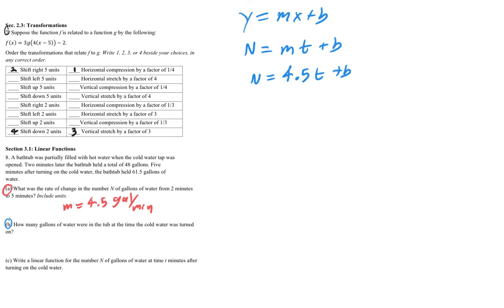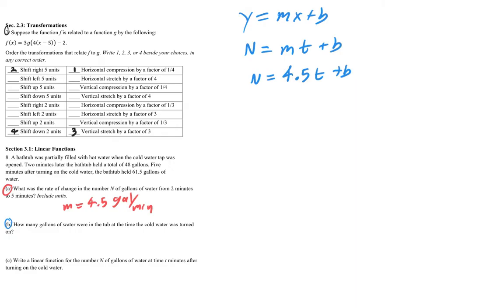So, how many gallons of water were in the bathtub at the time the cold water was turned on? The cold water was turned on when time was equal to 0, right? If we just plug 0 in for t, we get n is equal to b, which is not going to help us.